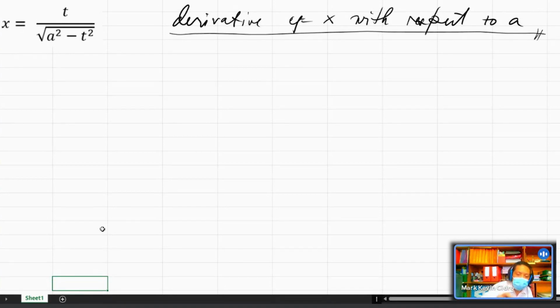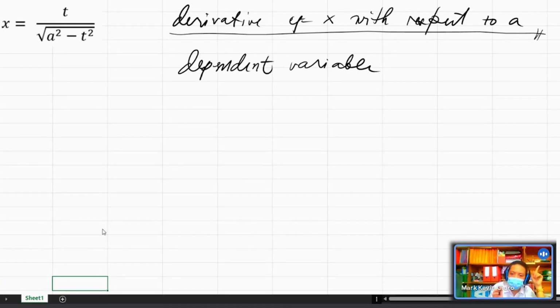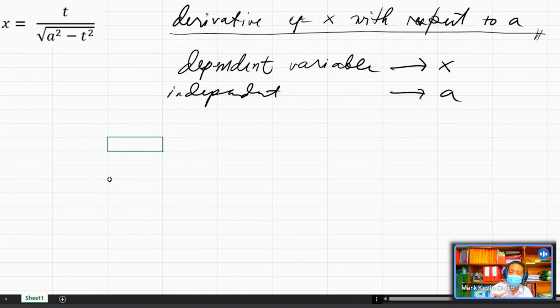The dependent variable is x, and the independent variable is a. Any other letters except x and a will be treated as constants.